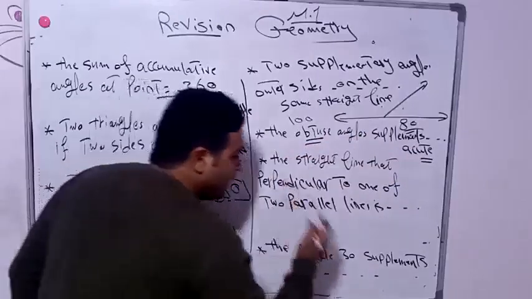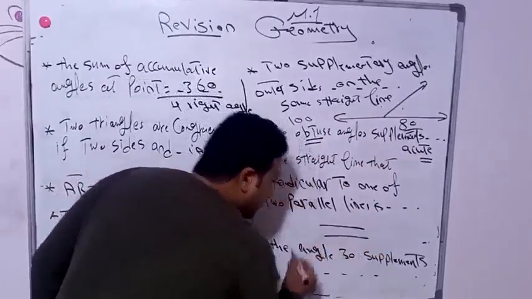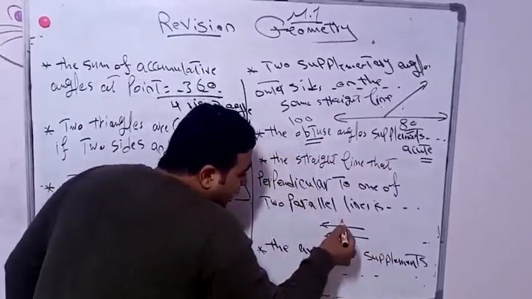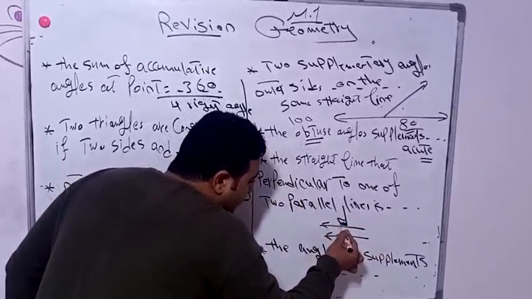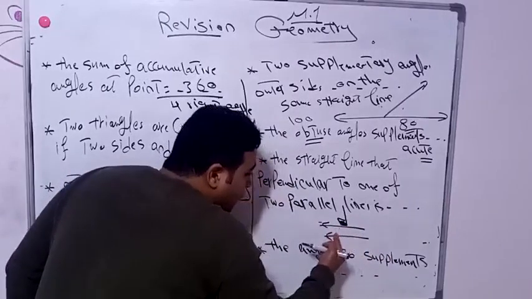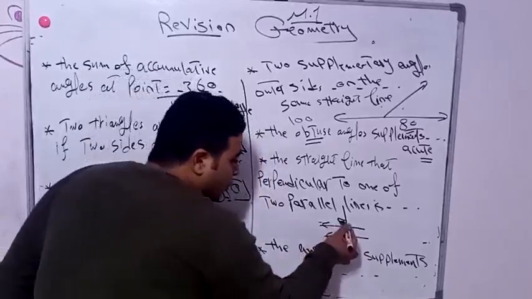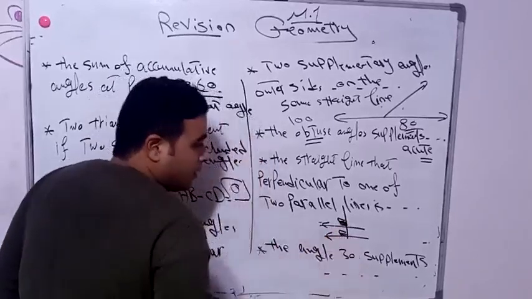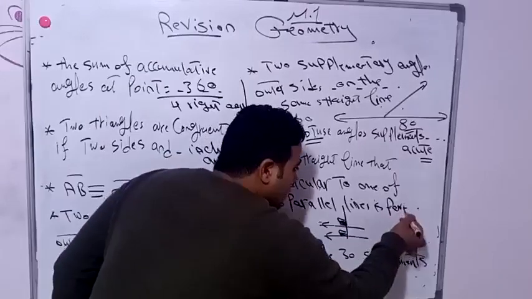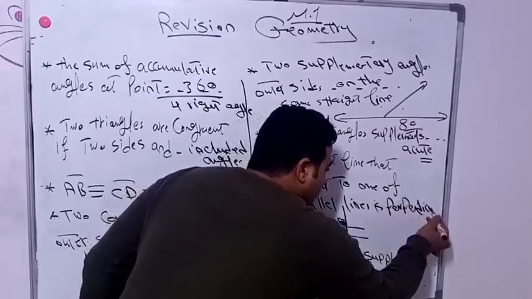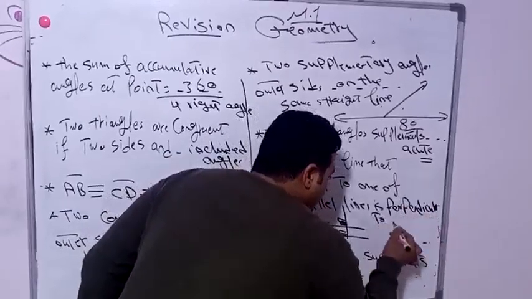A straight line perpendicular to one of two parallel lines.